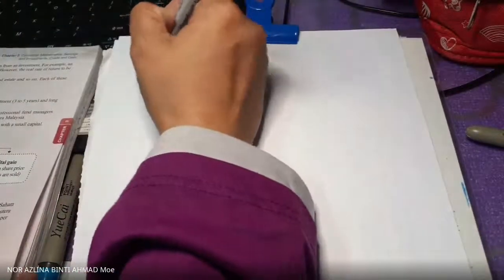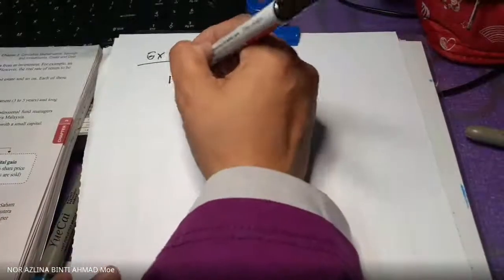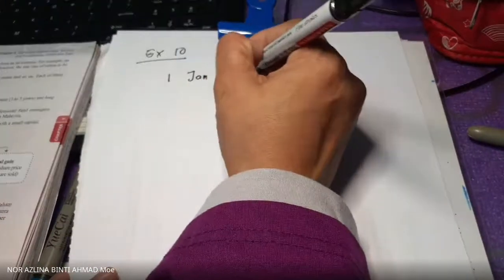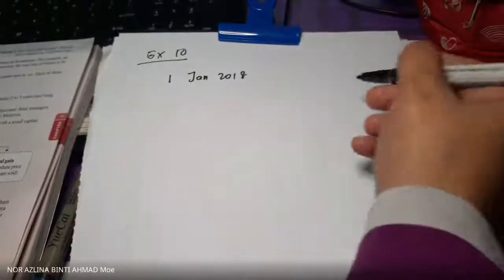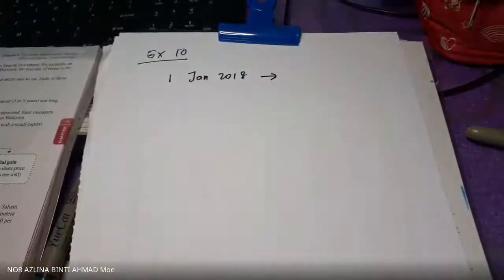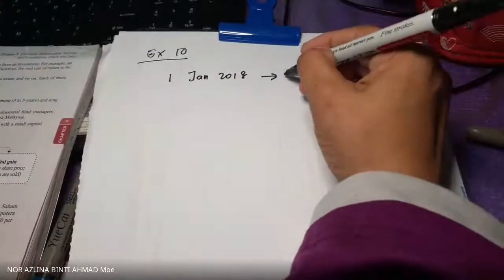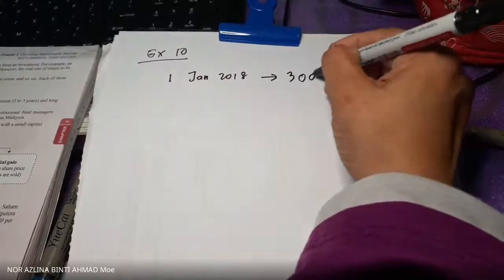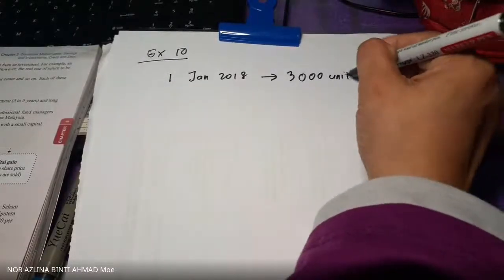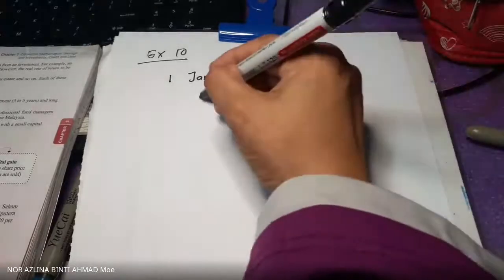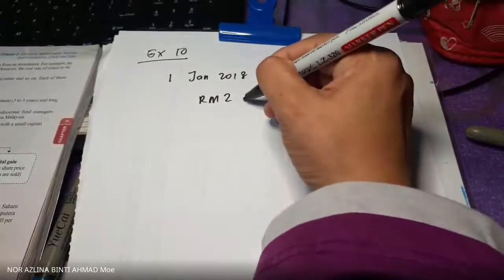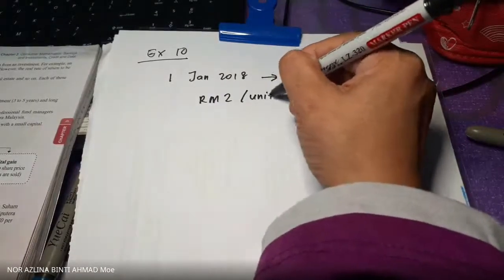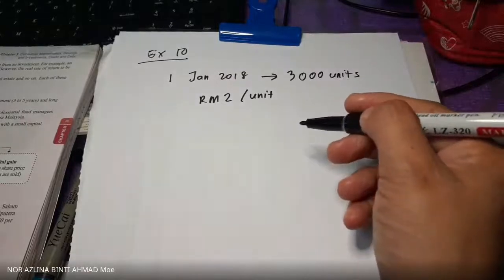Okay, next. Example 10. On 1 January 2018, one city invests 3,000 units valued at RM2 per unit in Amanah Saham Bumiputera.